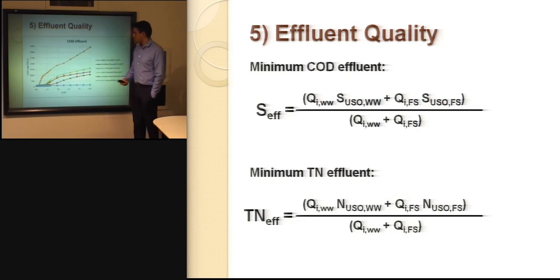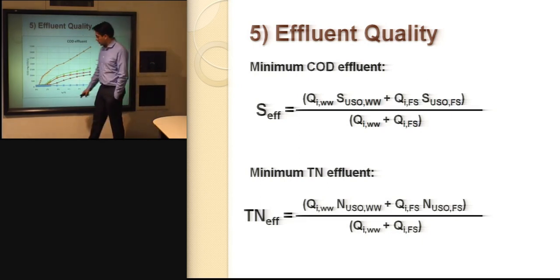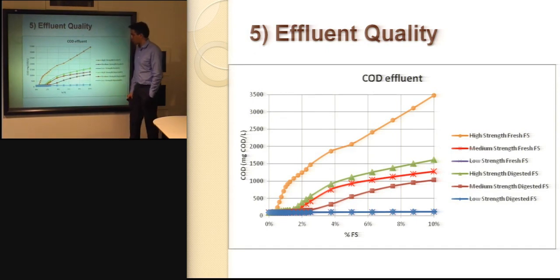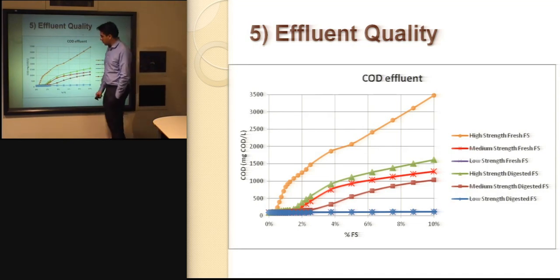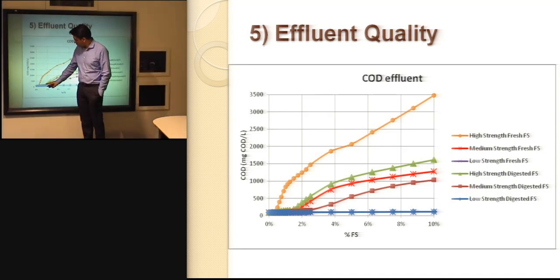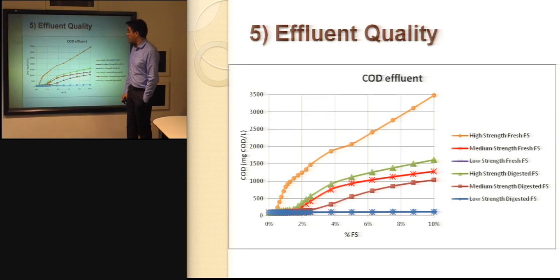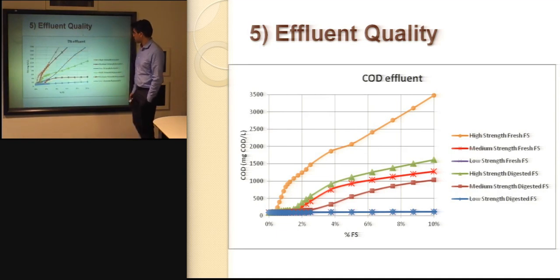And as observed, also the COD in the effluent will increase considerably as the fecal sludge discharge increases. And already for some values, we'll reach concentrations of 200, 300, 500 milligrams per liter of COD with less than 1 or 2% discharge of fecal sludge.